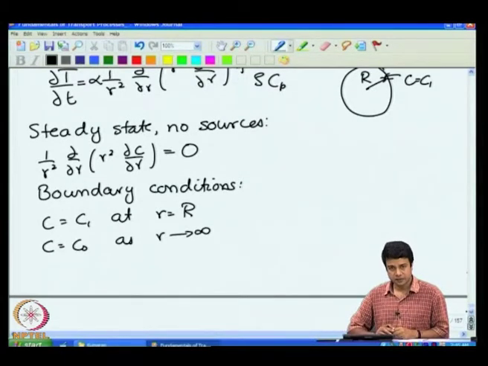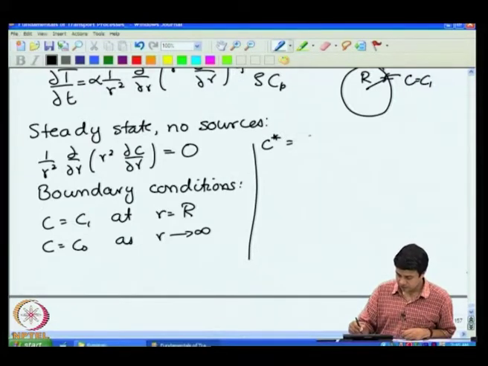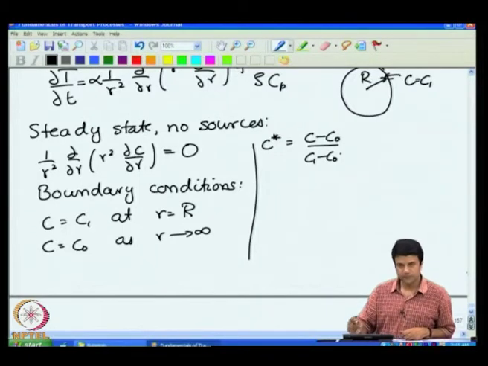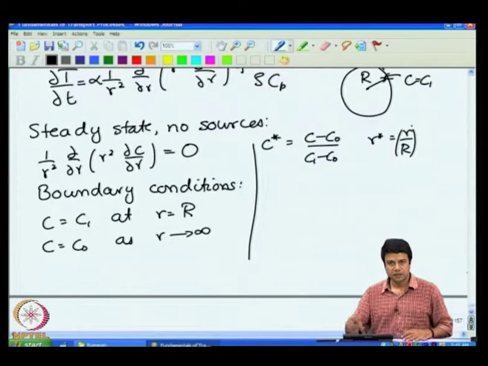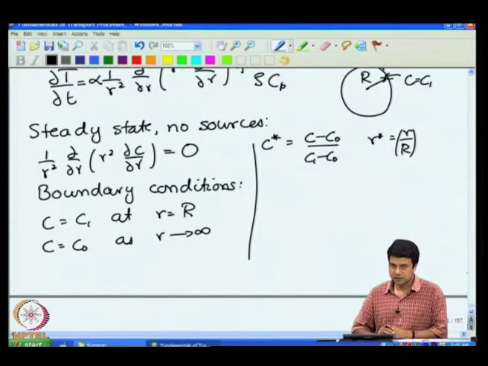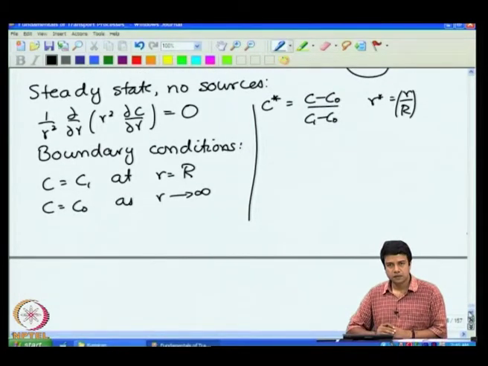We can do scaling as usual. I could define a scaled concentration C star is equal to C minus C naught by C1 minus C naught, and r star is equal to r by capital R. So, we are non-dimensionalizing the concentration and the distances. Then the equation remains the same, but the boundary conditions change.